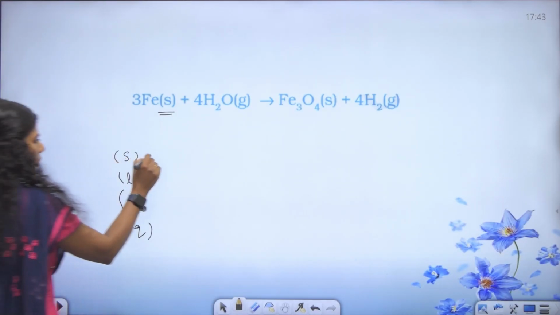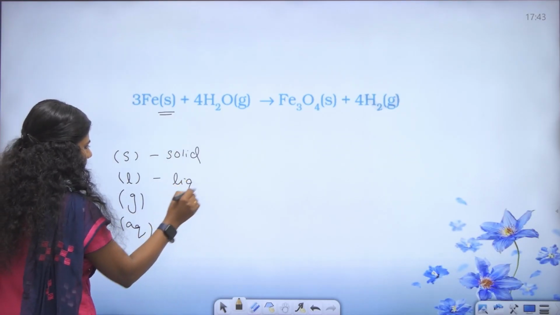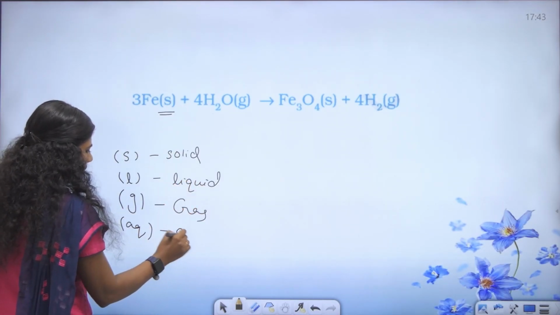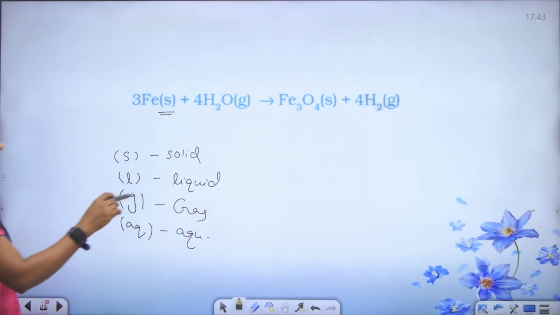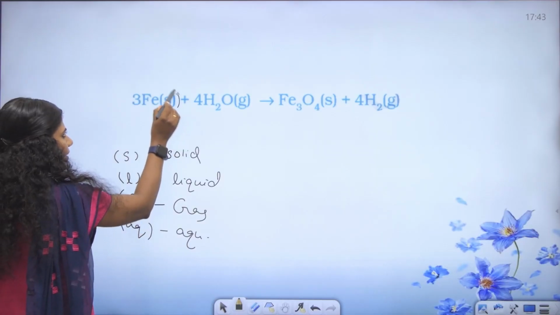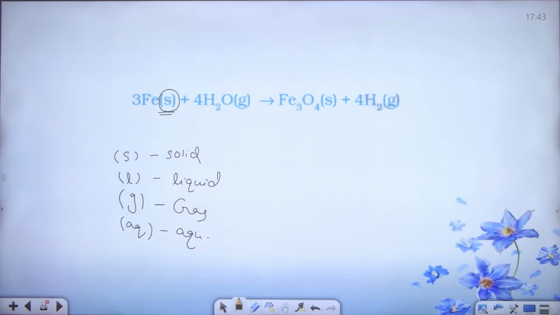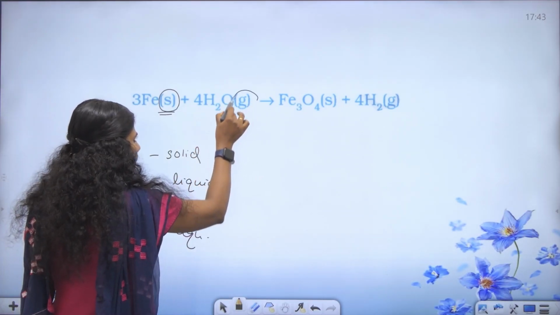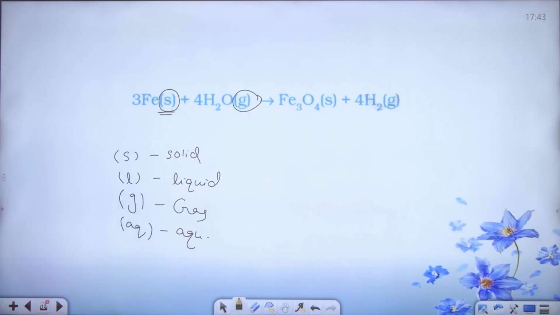Okay, this for solids, this for liquid, this for gas, and this for aqueous. In this equation, 3Fe means iron. We know that iron is in solid state, and 4H2O(g) means water in gaseous state, water vapor or steam.